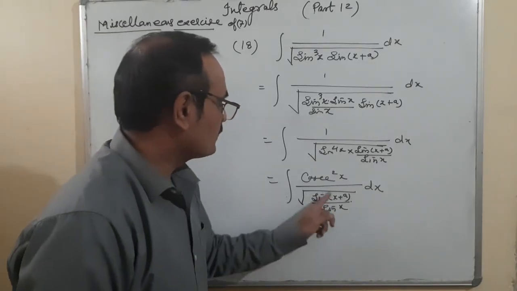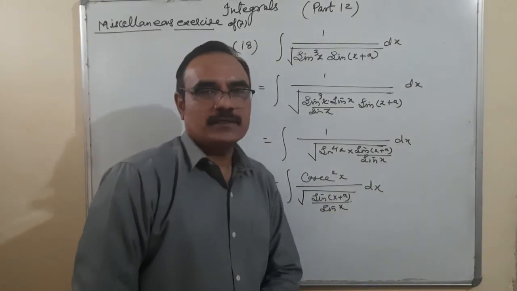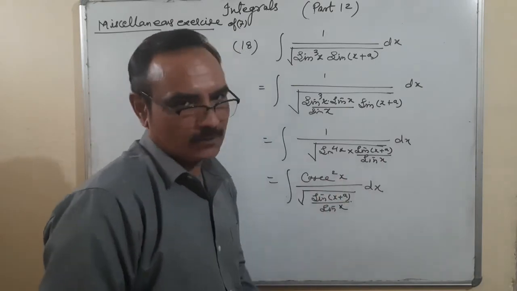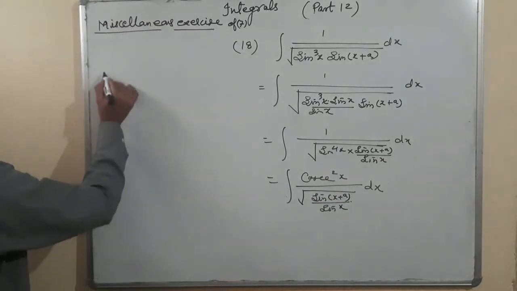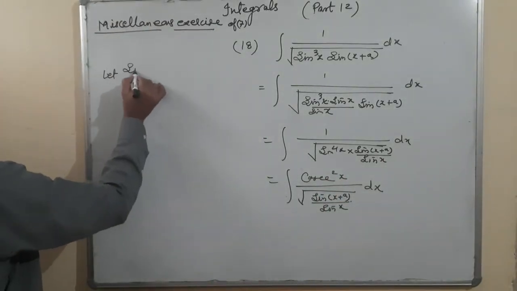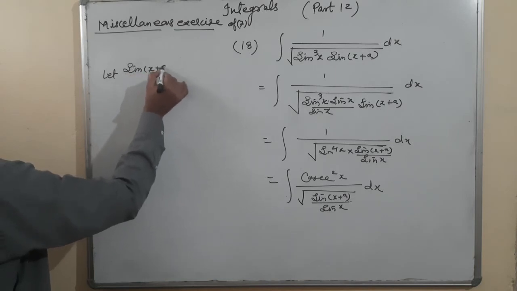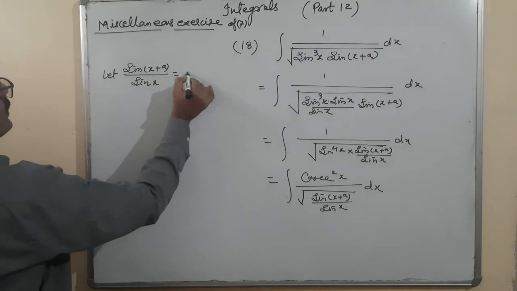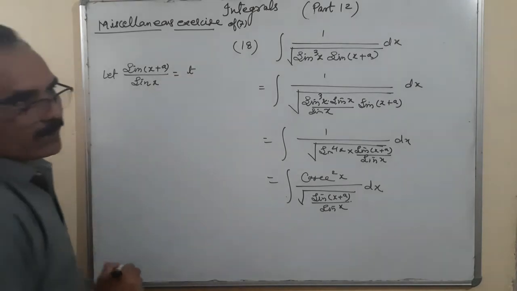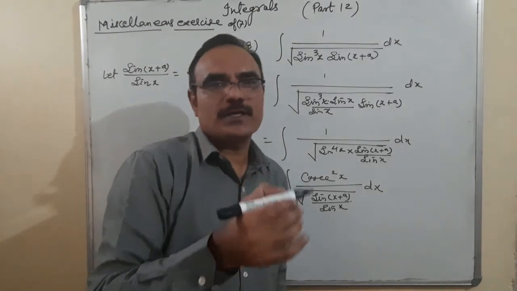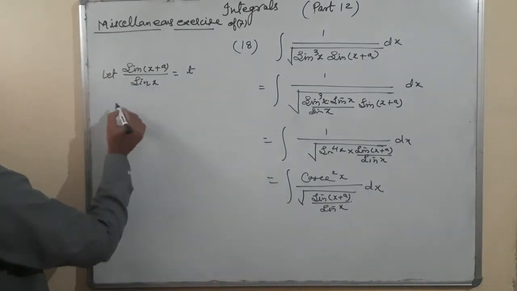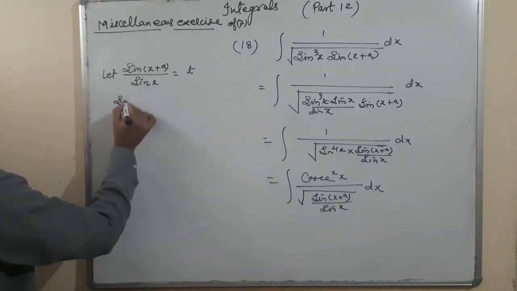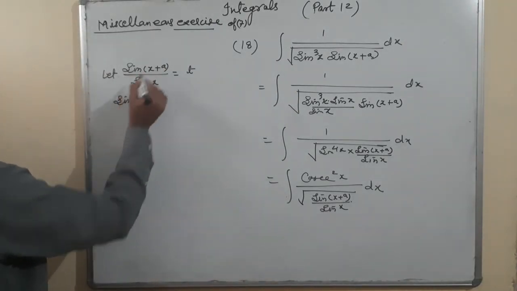This term is to be taken as t, so that cosec square x will be formed. Let sine x plus a upon sine x be equal to t. Differentiate with respect to x: denominator into differentiation of numerator, minus numerator into differentiation of denominator, upon denominator square.